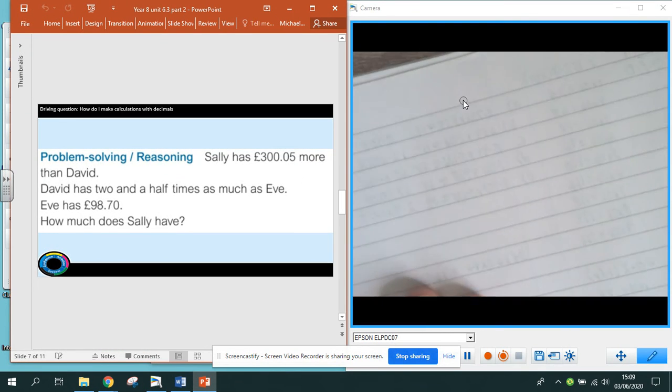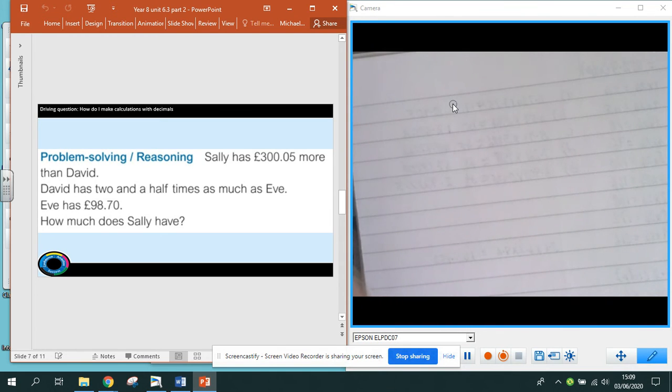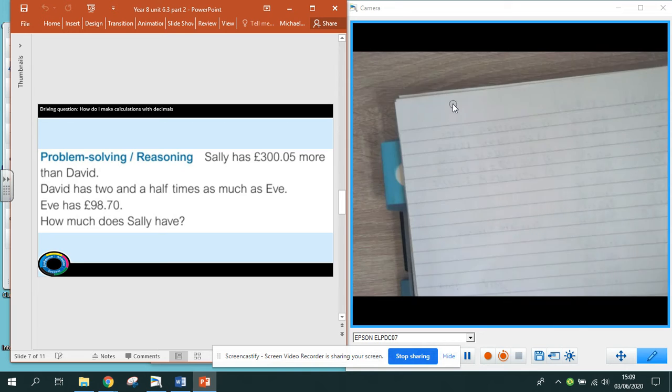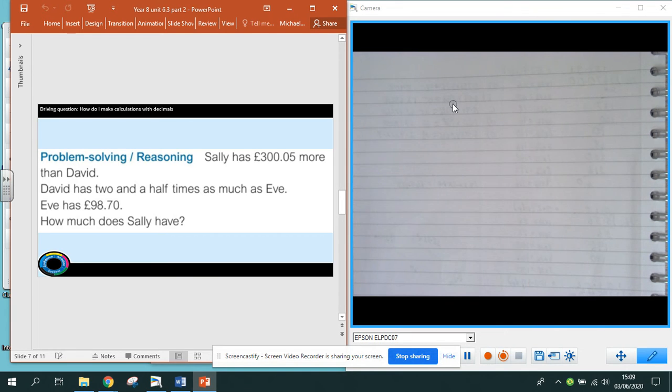So I'm going to do this one right here and now. Sally has just over £30 more than David. David has 2.5 times as much as Eve. Eve has £98.70, but we can't work out what Sally's got until we know what David's got.